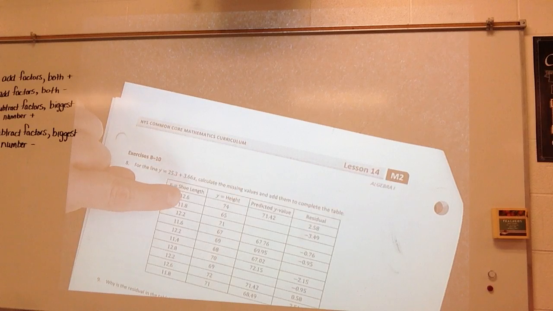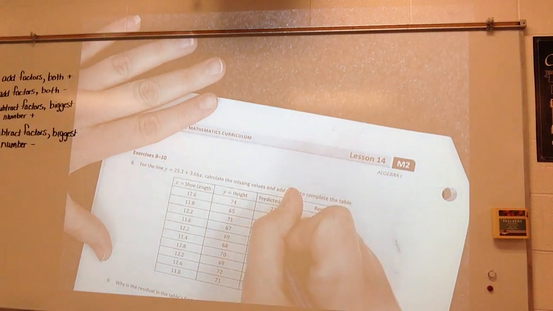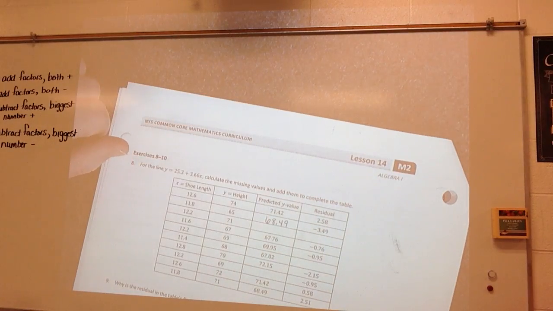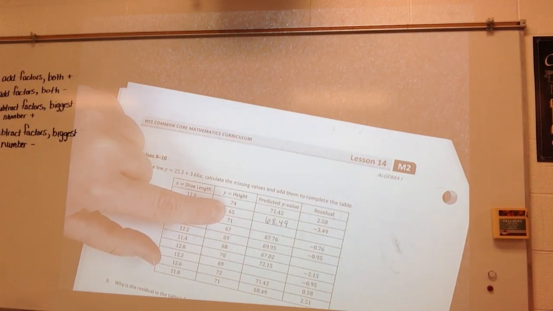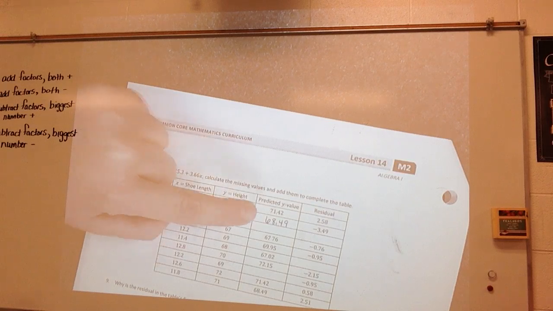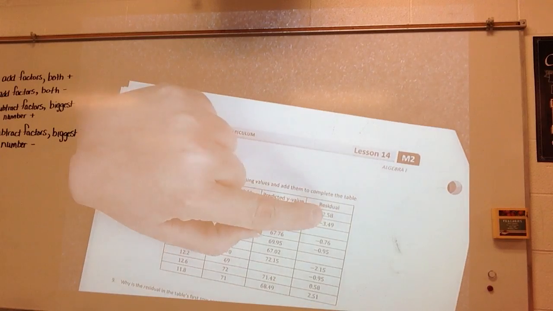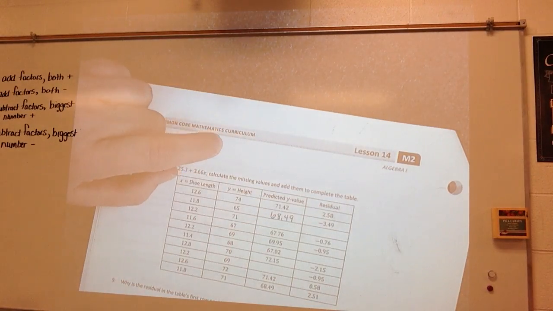For the second one, I'm going to plug 11 8/10 in for x in my equation, and I get 68 49/100. The actual height was 65. So I would take the actual height and subtract the predicted value, which is why I get a -3 49/100.